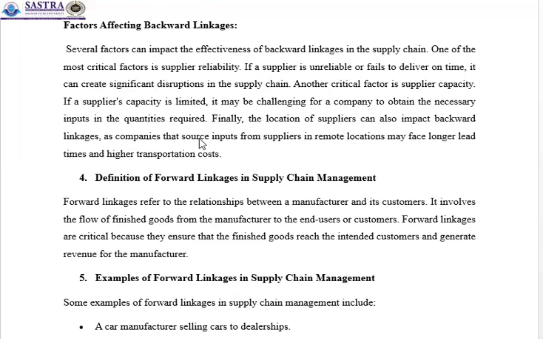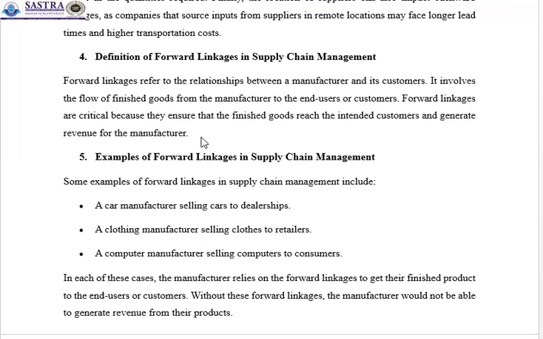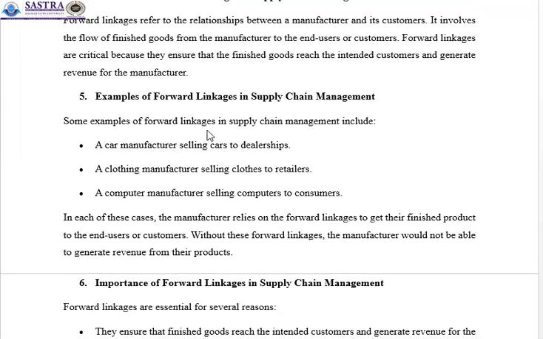See some of the examples of forward linkages in the supply chain. Some examples are: the car manufacturer selling cars to the dealers, and the dealers in turn selling to the consumer; the cloth manufacturer selling clothes to its retailers; and the computer manufacturer selling computers to their customers directly.